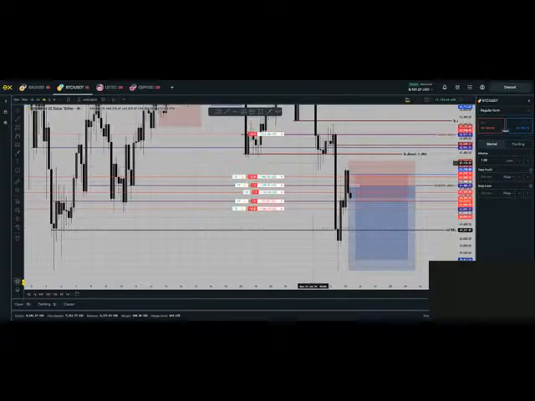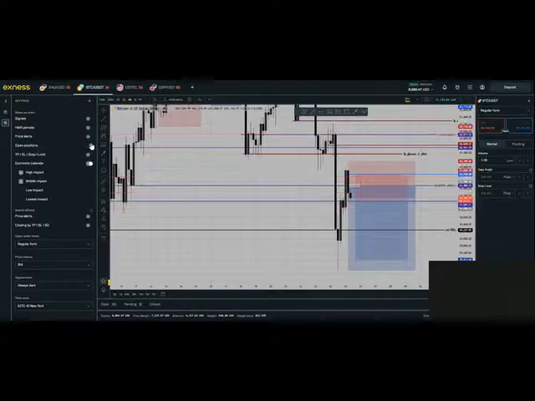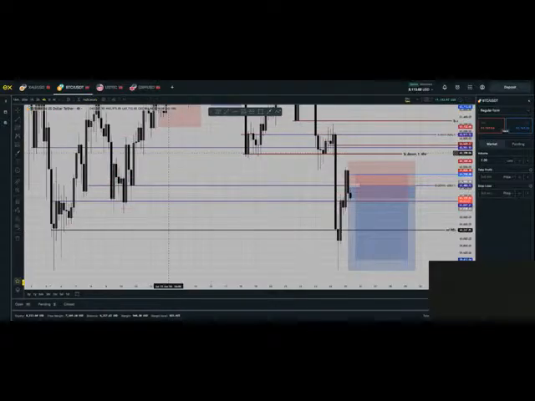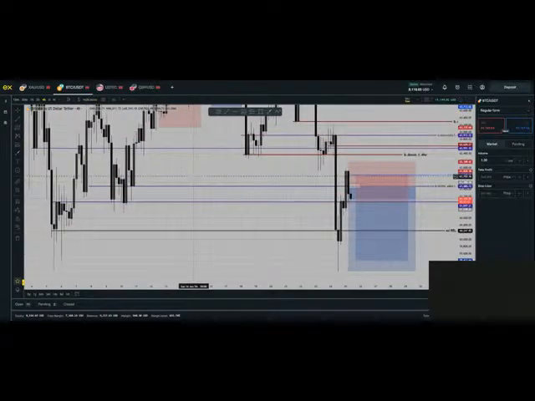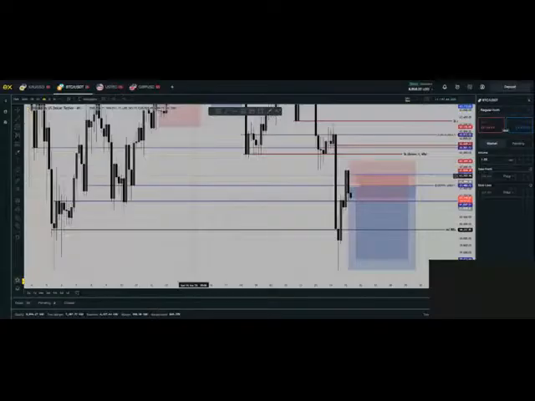Usually when I come onto the 4 hour, I also try to mark up the levels that could act as resistance or support in the direction price is trying to pursue.